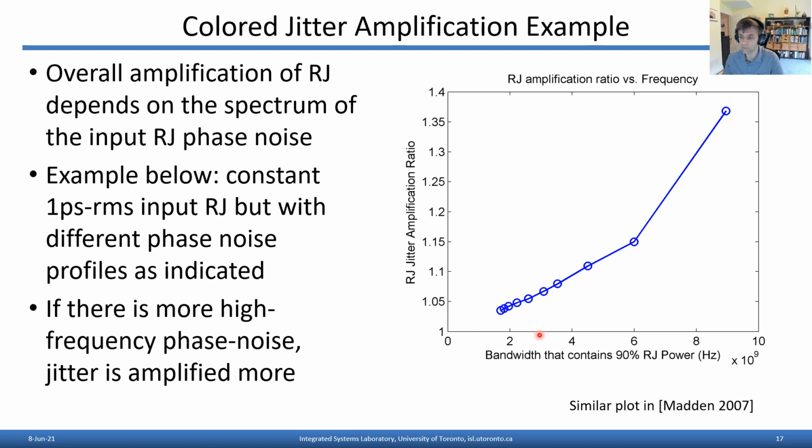So essentially we're taking white RJ and then low pass filtering it with different bandwidths. And as we increase the bandwidth of that filter, we're introducing at the input to the buffer chain more and more high frequency jitter. As we introduce more high frequency jitter, we get a larger jitter amplification ratio because it's really only the high frequency jitter that is being amplified in this case.